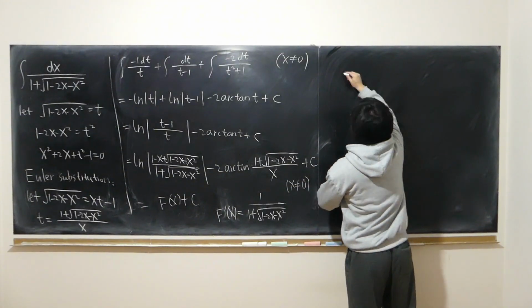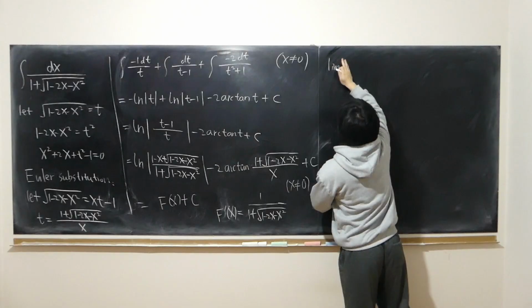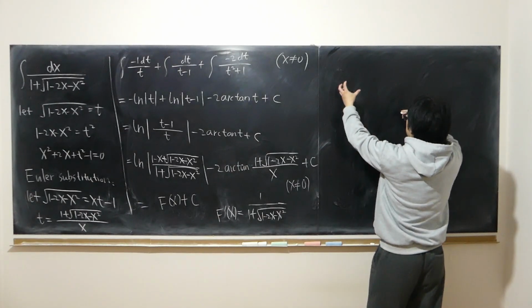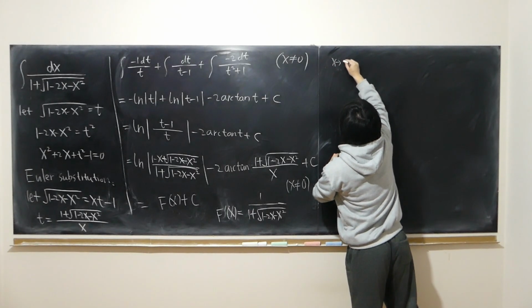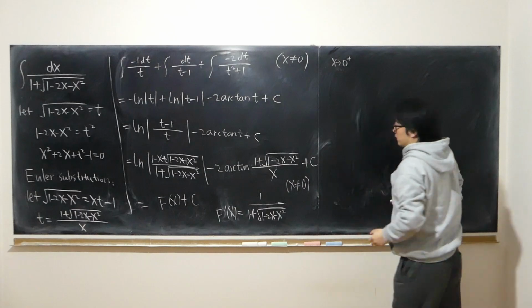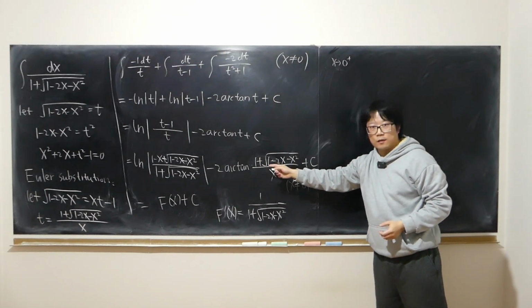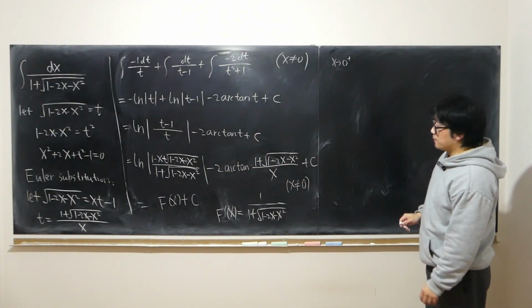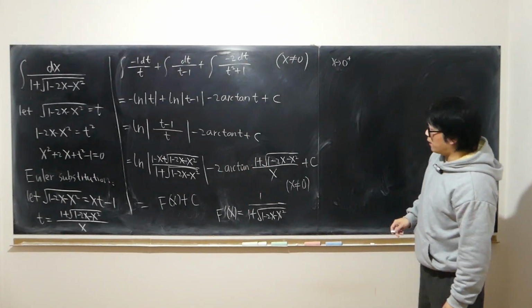Let's say the limit. So when x approaches from the right-hand side of 0, you have arctangent of positive infinity, that's half pi. Then you multiply by negative 2, you have negative pi.